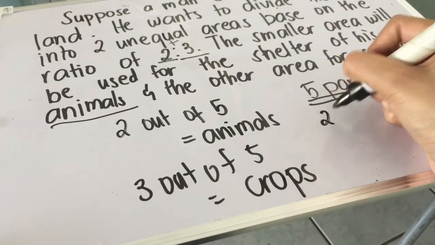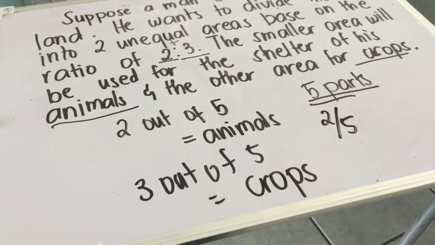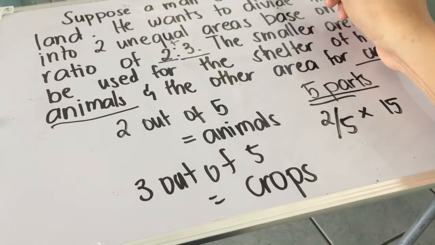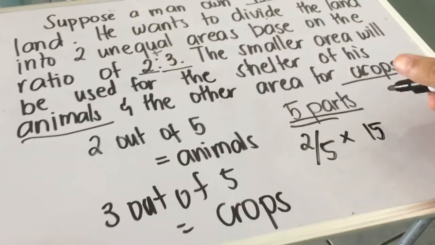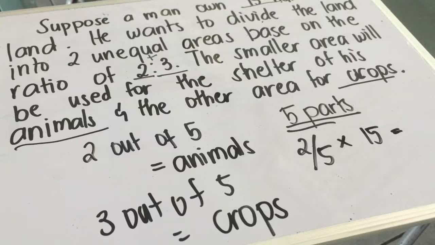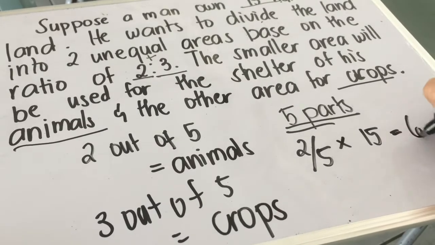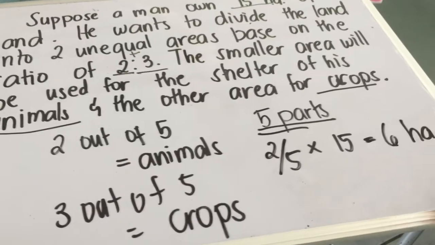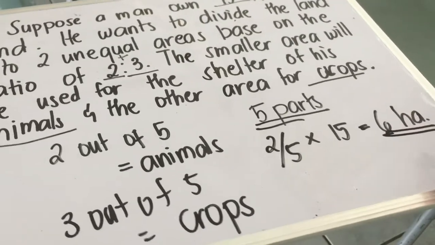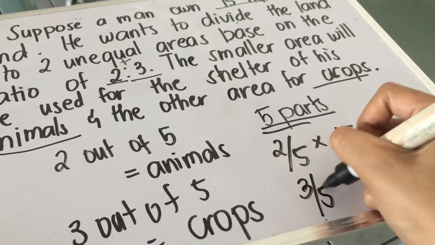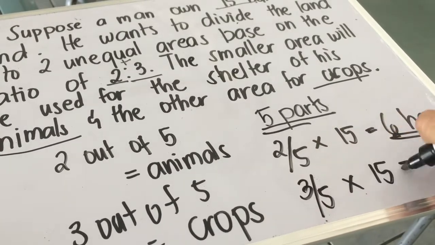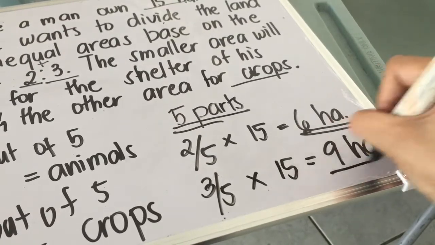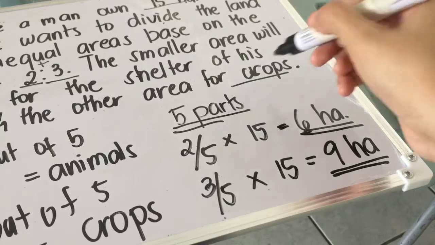So we have 2/5 times 15, which is given, equals 6 hectares. So all in all, for the shelter of animals, we have 6 hectares of land. Then 3/5 times 15 hectares is equal to 9 hectares. So this is for the crops naman.